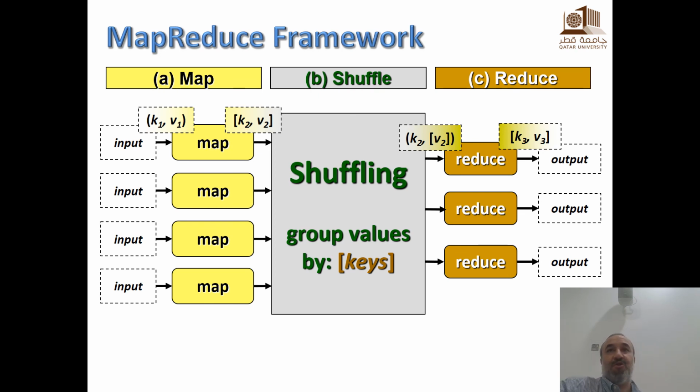We cannot start because maybe the reduce function needs all of them before it does anything. So we cannot start the reduce phase until the map function finishes. That's what we mean by barrier. There is like a wall between them. Map has to finish before reduce can start.